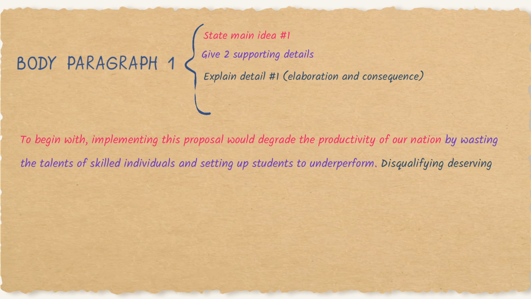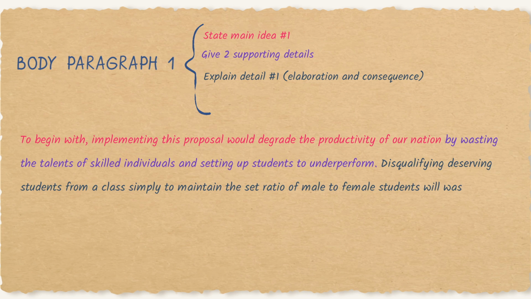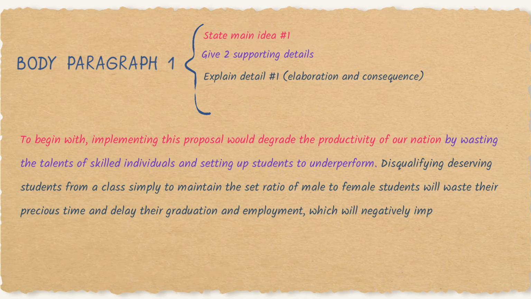Disqualifying deserving students from a class simply to maintain the set ratio of male to female students will waste their precious time and delay their graduation and employment, which will negatively impact our national economy. This is elaboration and consequence.